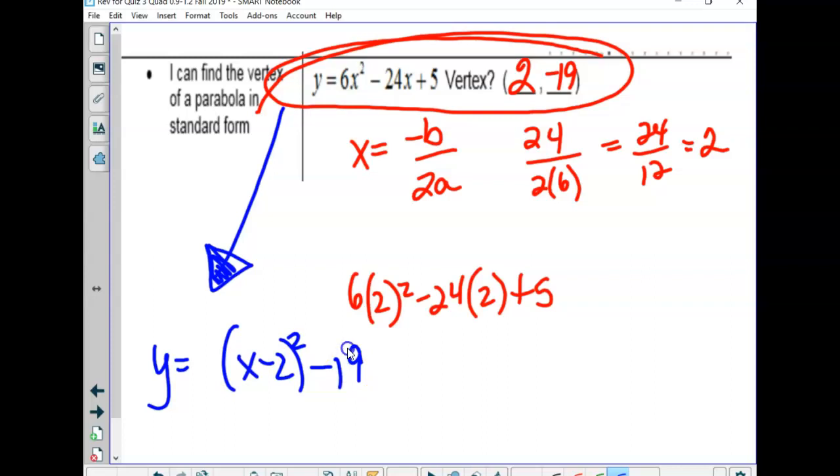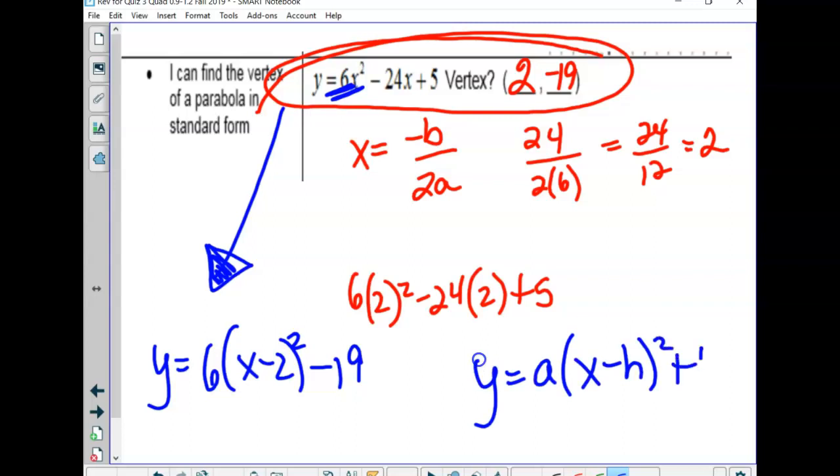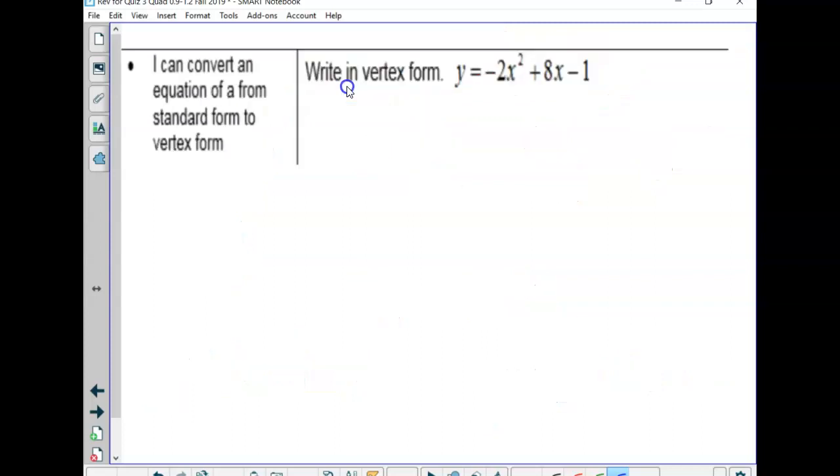What is the stretch? Yep, we can't forget this 6 still goes out here. Remember, vertex form is a x minus h squared plus k. So we don't forget the stretch. And it's just whatever a was here. This one just asks us to find the vertex, but I was practicing finding vertex form as well, which is the same thing they want you to do on this one. Okay.